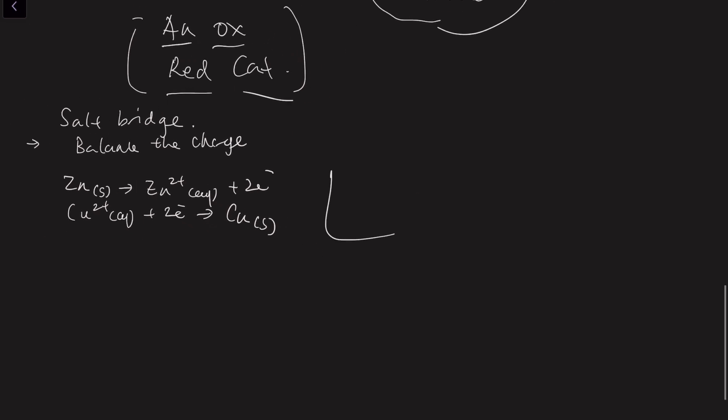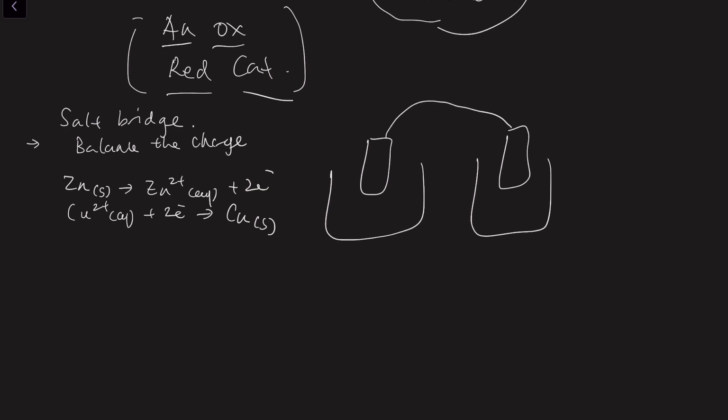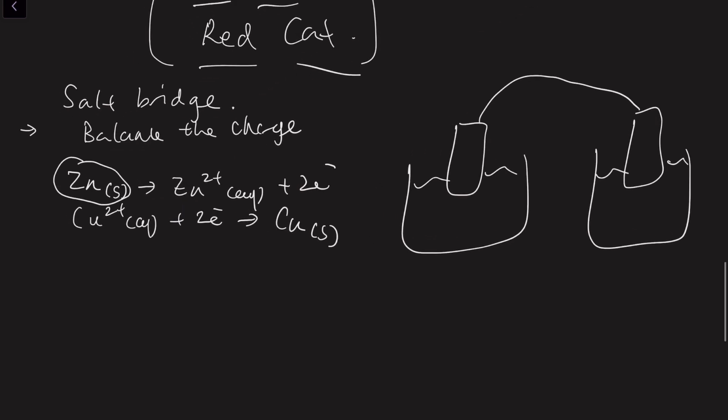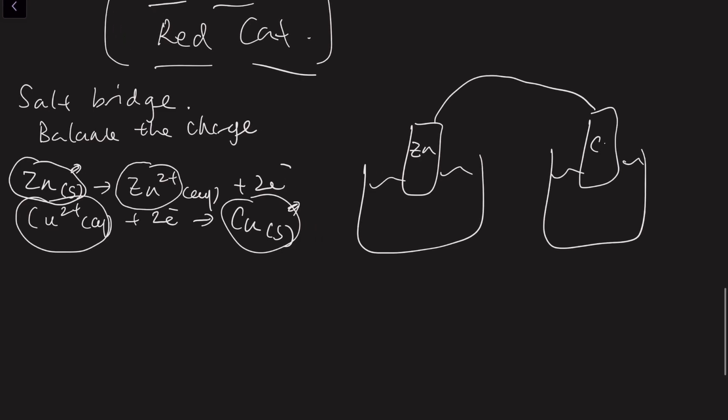And maybe let's draw a quick sketch of the galvanic cell. Because if we look at the conjugate, we actually have a metal here. And if we look at this conjugate, we also have a metal here. So that's good. So we can use them as the electrode, as we have discussed the reason before. And we also need an ionic solution.